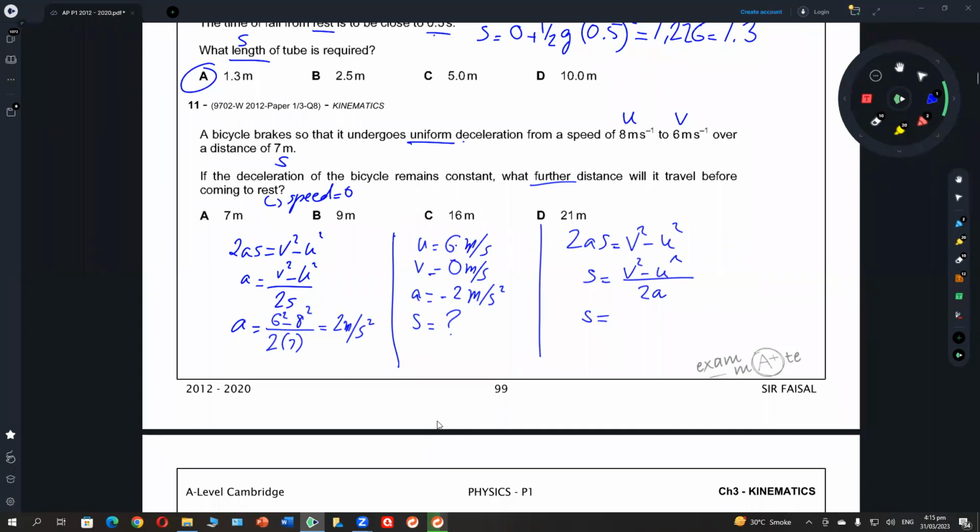By this, it is coming as 9 meters. That looks fine.